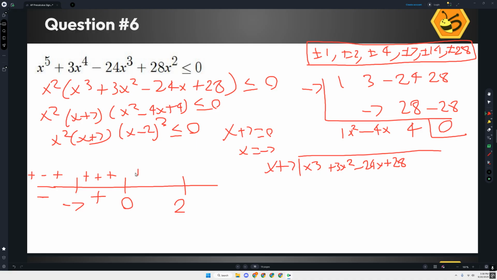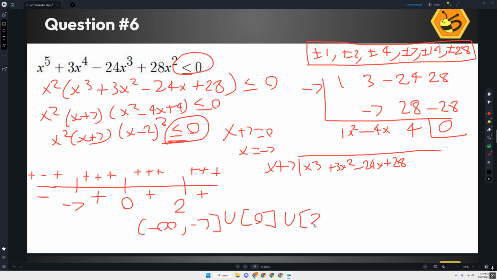You test 1 now, so positive, positive, positive. And then you can test 3, which should also be positive, positive, positive. So it's saying where it's less than or equal to 0 in the original. So it'll be from negative infinity to negative 7, bracket, union 0, union 2. And we don't want to include these positive values.